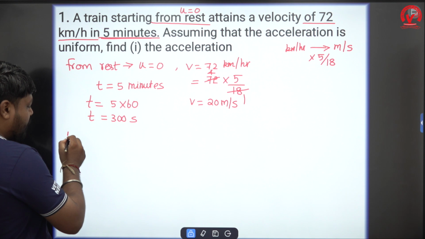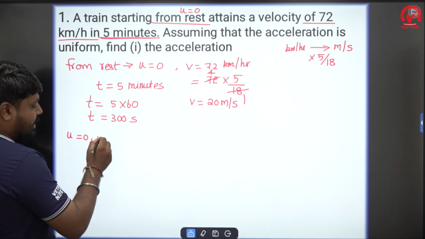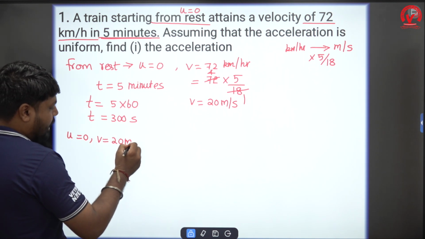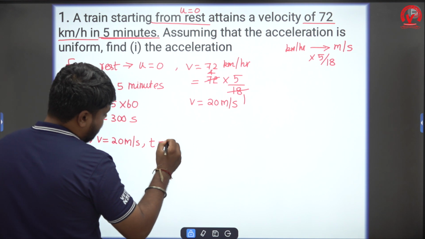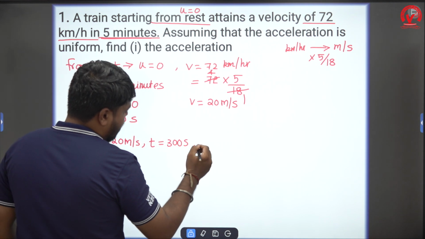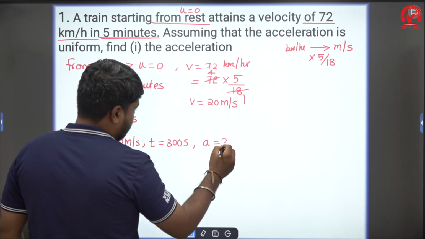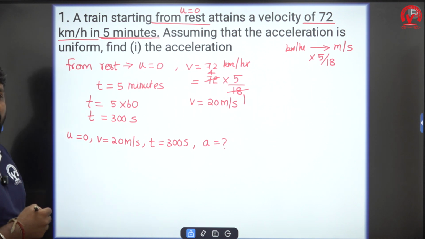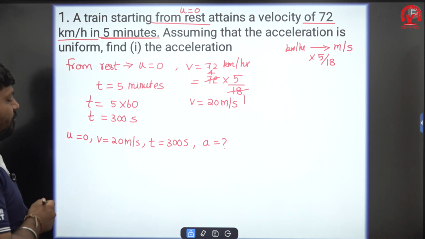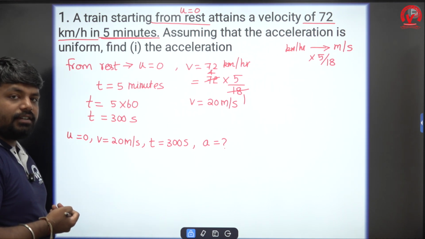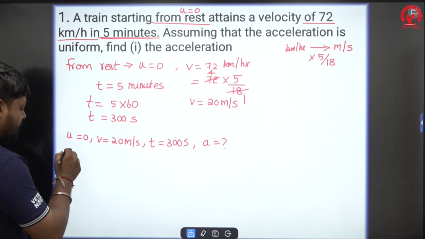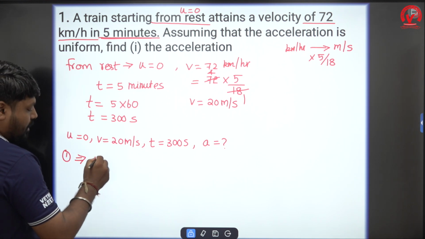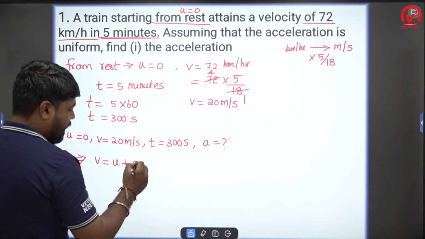What data do we know? We know that u is equal to 0, v is equal to 20 meter per second, and t is equal to 300 seconds. They asked to find a is equal to question mark. How can we find this? What kinematic equation can we use here? The first kinematic equation: v is equal to u plus at.